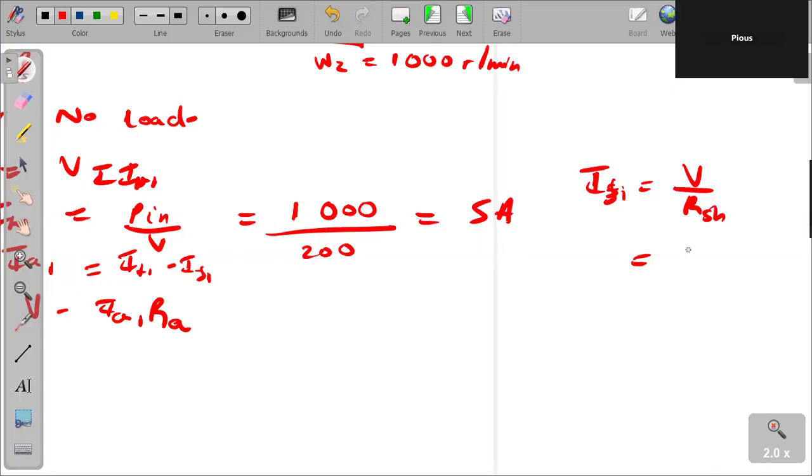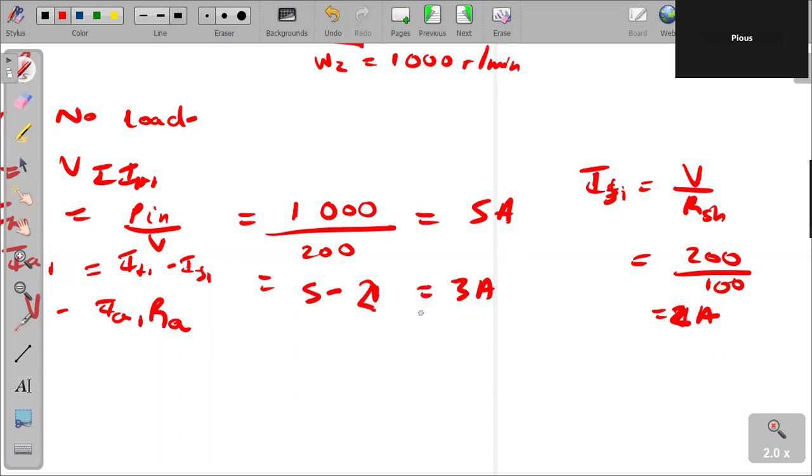So that's 200 divided by 100, we have been given 100 ohms. So that's 1 ampere. So we can substitute: 5 minus, that's 200 divided by 100, that's 2 amperes. Sorry about that. So that's 2 there. So 5 minus 2 will give us 3 amperes.